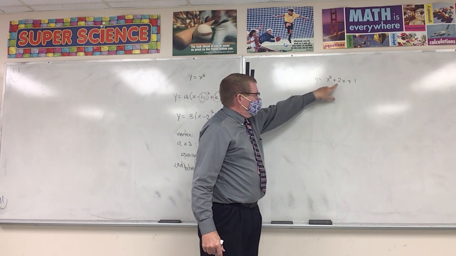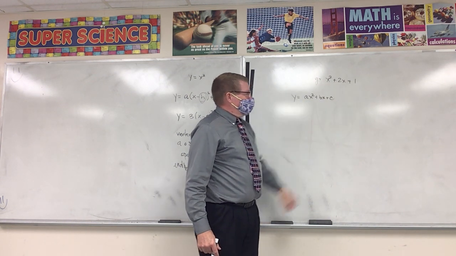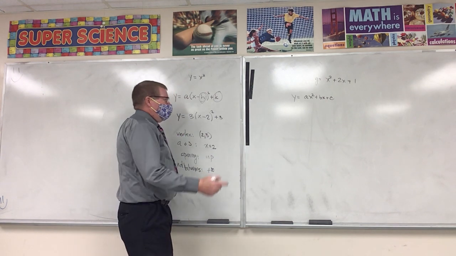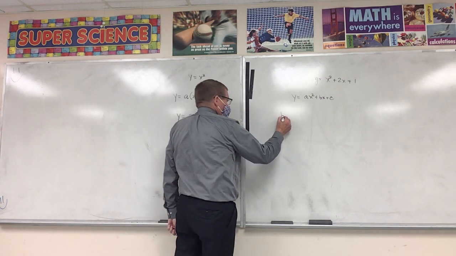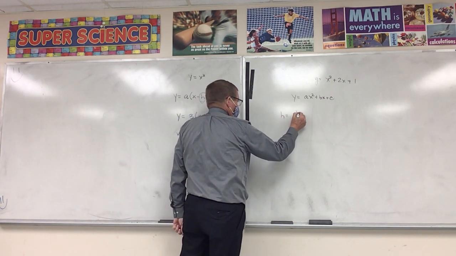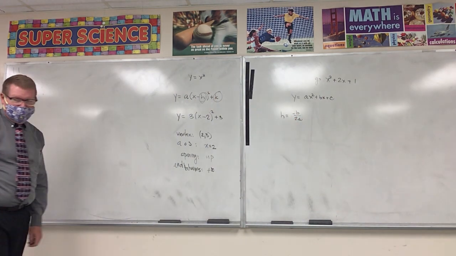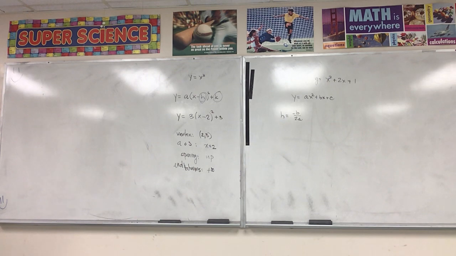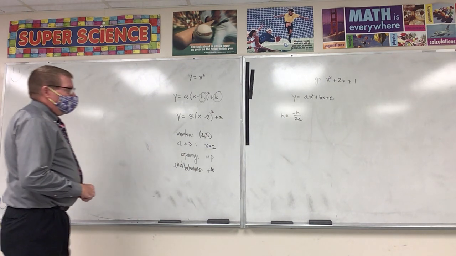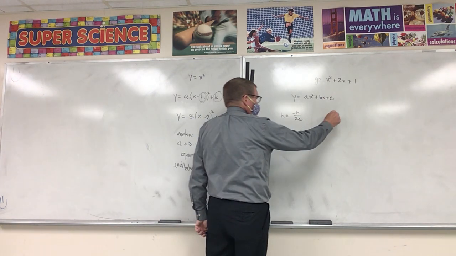What is my b? 2. What's my c? 1. Right, I can find my h by taking negative b over 2a. So that would be negative 2 over 2, which is 1. So my h equals 1.